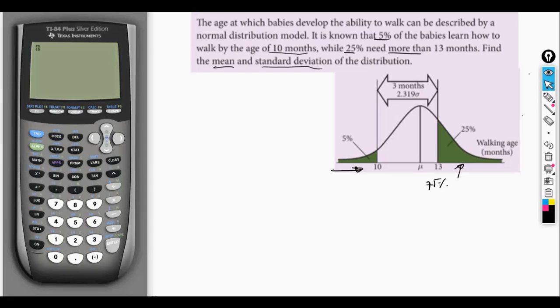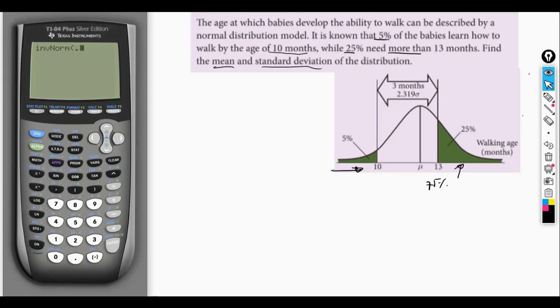And we're going to use the inverse norm. So here we need to find out for 5%, and we're going to standardize. So we're going to find the z-value, or the z-score, for 5%.